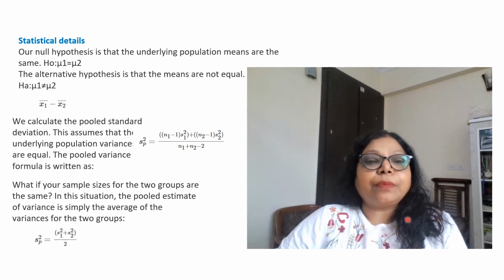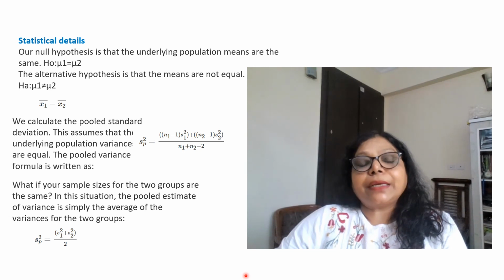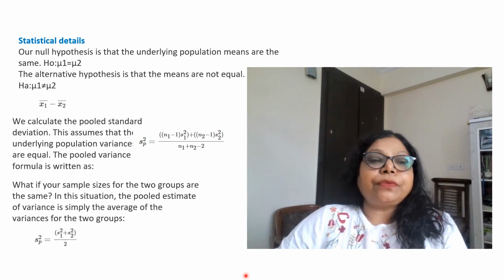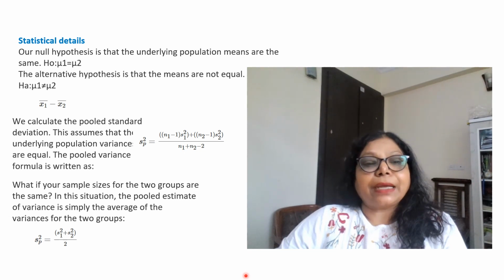Then we calculate the pooled standard deviation. This assumes that the underlying population variances are equal. The pooled variance formula is Sp squared equals (N1 minus 1) times S1 squared plus (N2 minus 1) times S2 squared, where S is the standard deviation, divided by N1 plus N2 minus 2.